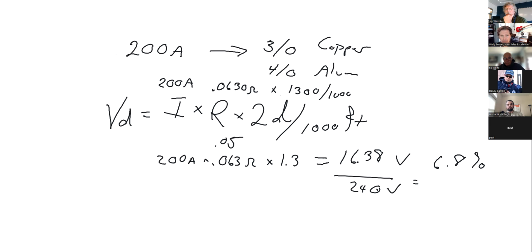So if we take 200 times 0.05 times 1.3, that's 13 volts. And 13 divided by 240 is 5.4%. So you're going to have to go with 4-aught wire.